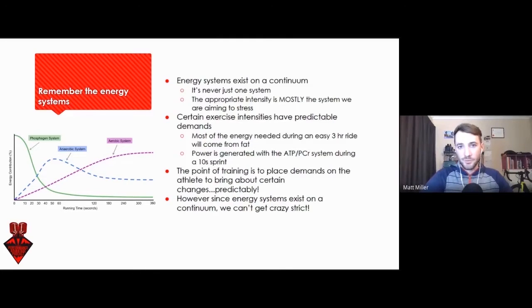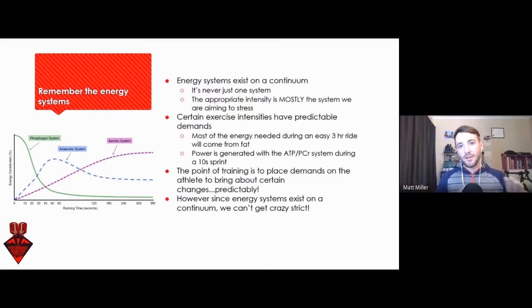Yeah, so it's pretty predictable for the people that invented zones, and for us as coaches and scientists, to understand that when we prescribe exercise within a certain zone, what's happening in that intensity realm is that we're giving demands to certain energy systems. So we know that if we're going easy for 5 hours, we're probably stressing the aerobic system almost completely.